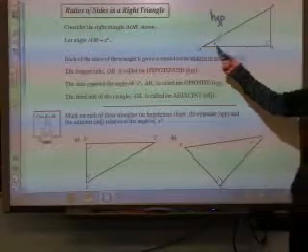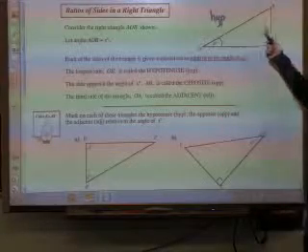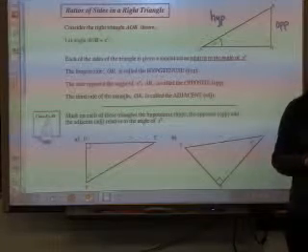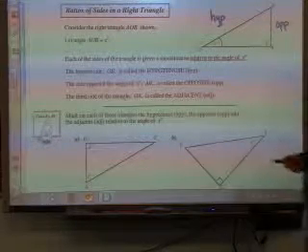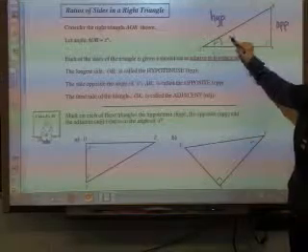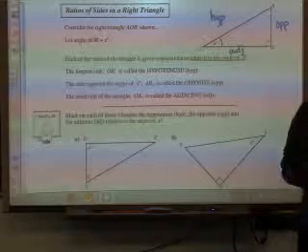The opposite side is opposite to this angle. Adjacent means next to, so adjacent to angle X would be the side OA.